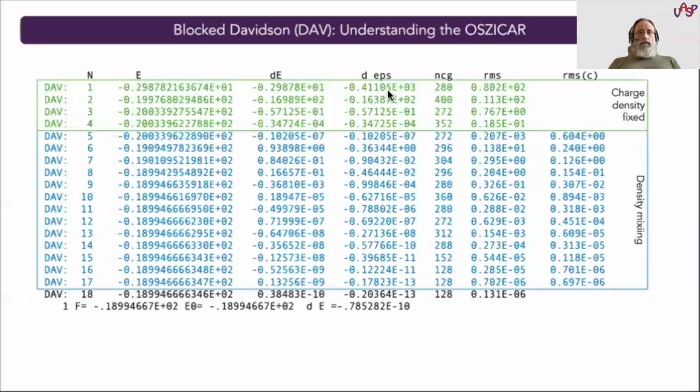This column is the change in the sum of the eigenvalues. This is how many times the Hamiltonian was applied to an orbital in this particular iteration. So this varies, right? Because we break off the Davidson optimization on a block of orbitals. There are a few break-off criteria.